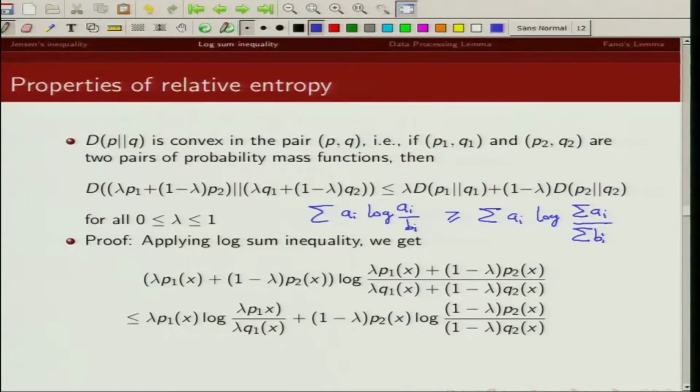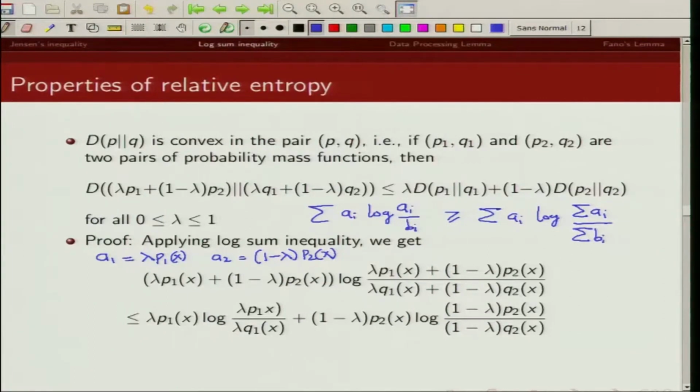Now, let us take A1 to be lambda times P1 x and A2 to be 1 minus lambda times P2 x.